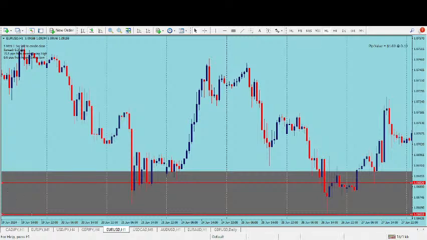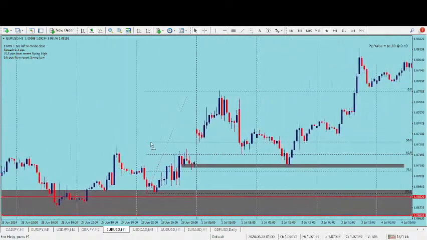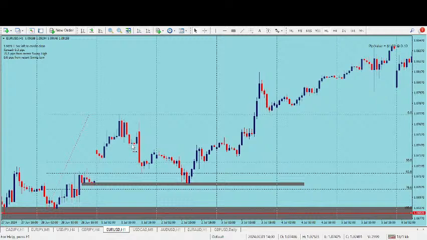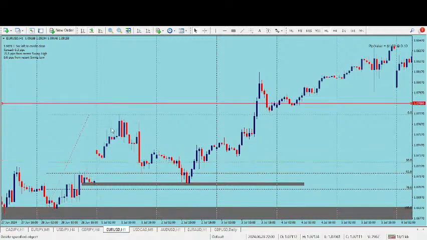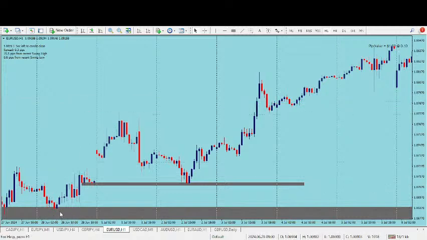Uptrend. If you talk about uptrend, look at the kind of uptrend from here. The market moved up here. It came down.